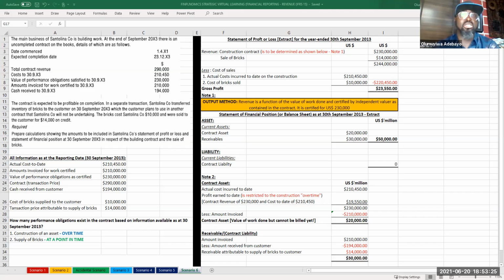We have looked extensively at contract modifications, and I might bring one or two practice questions to further buttress our understanding of contract modification as discussed in part 1. But I want you to refer back to part 1 so that by the time we get to part 3 and look at further practical considerations, we'll be able to move along.